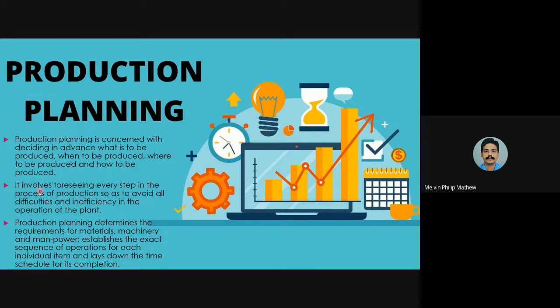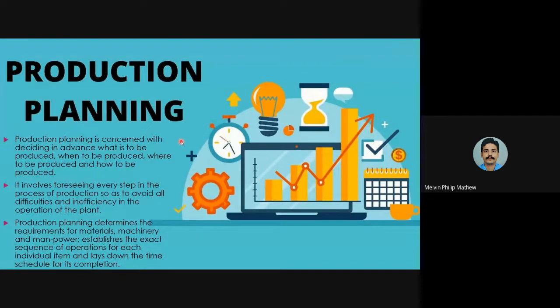For that purpose we have to plan ahead. Then production planning determines the requirements for material. Once you do the planning, we will understand how much material is required for producing the product, then the machinery and manpower to be established for producing the product, then the sequence of operations for each individual item.